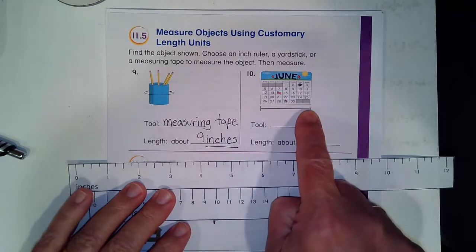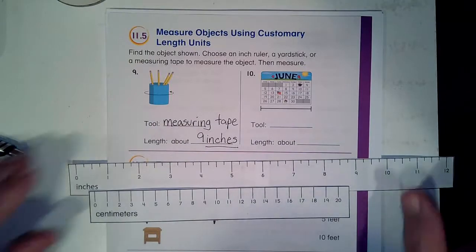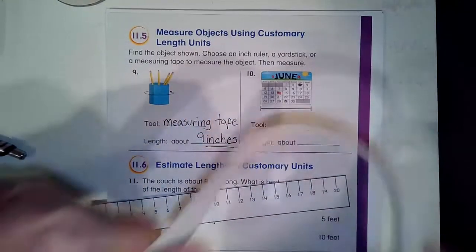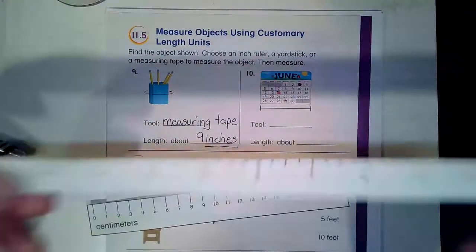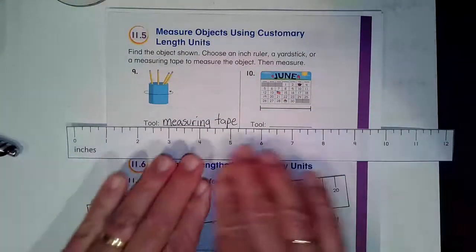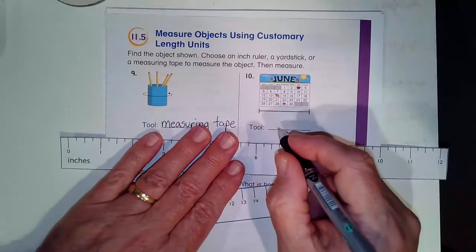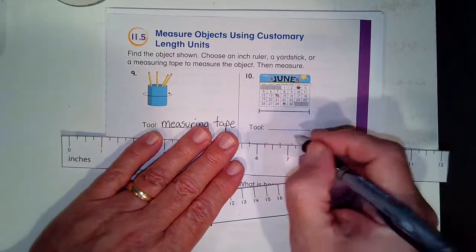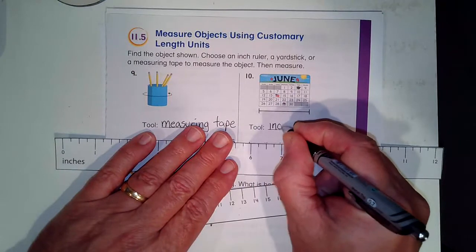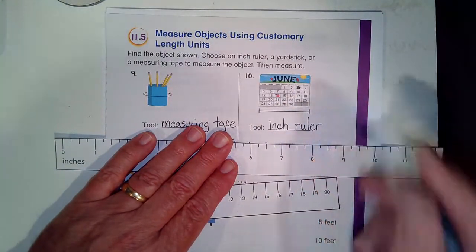Calendars go from one side to another and they are very straight. So I wouldn't need to use something that was bendy, but I could use an inch ruler. So I would want to use an inch ruler to measure a calendar.